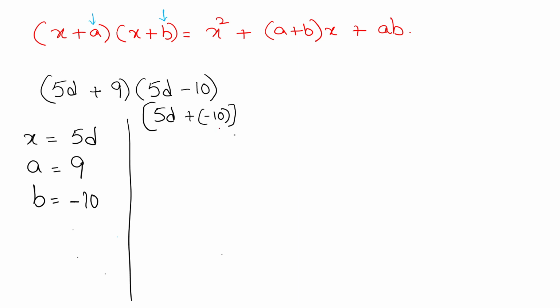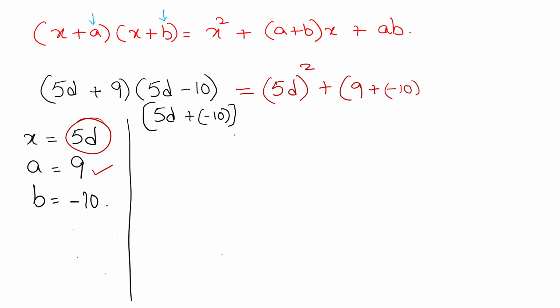That equals x square. So what is in place of x? 5d whole square plus a plus b. What is a? 9. And plus what is b? Minus 10. Whenever you have negative, keep bracket, and bracket close into x. What is x? 5 into d.